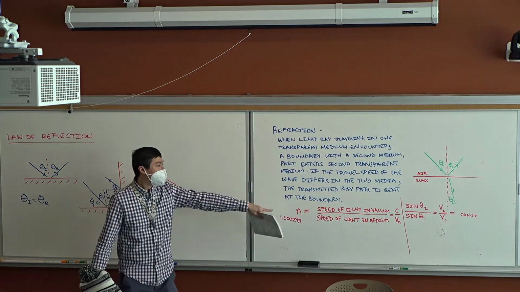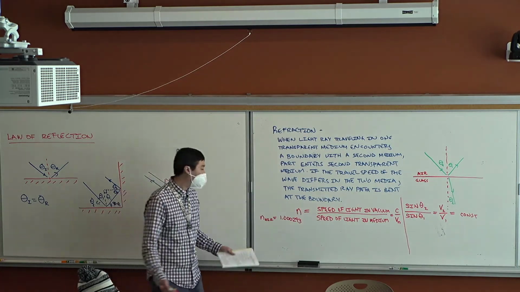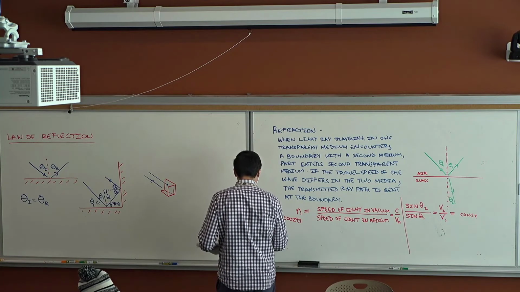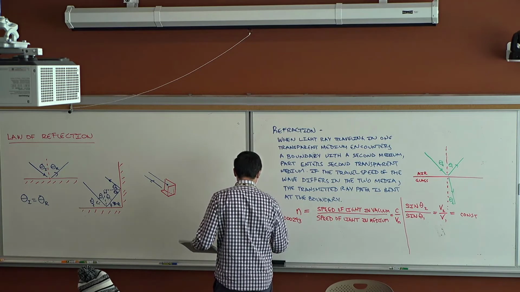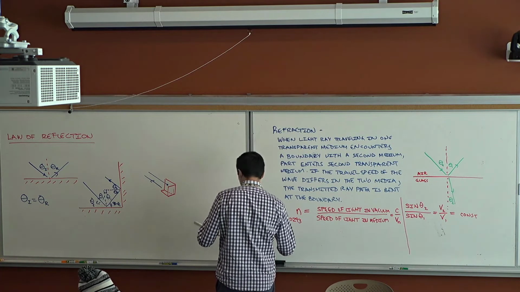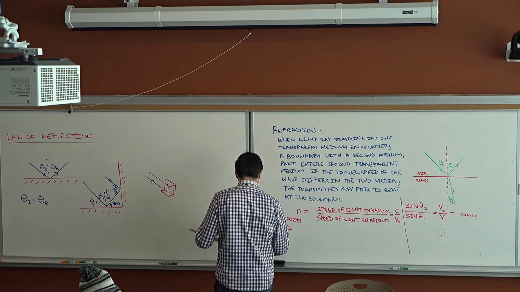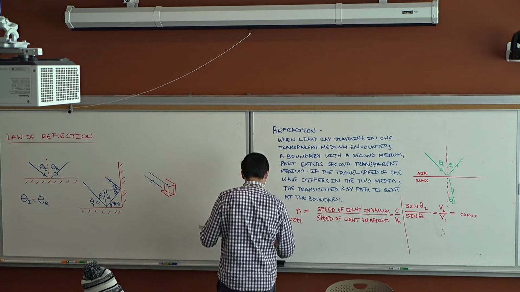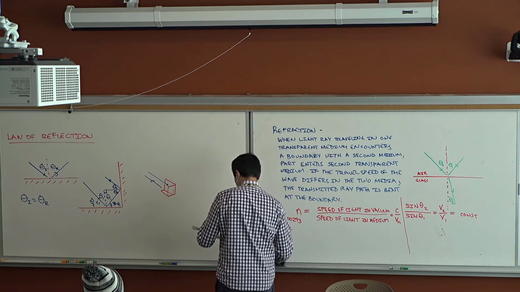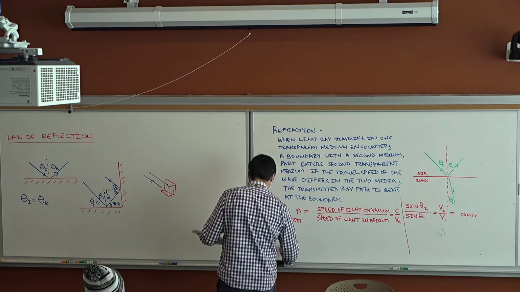So you can see that that implies that the speed of light in vacuum compared to the speed of light in air is pretty darn close. n for crown glass is about 1.52. n for flint glass is about 1.66. And n for water is about 1.33.